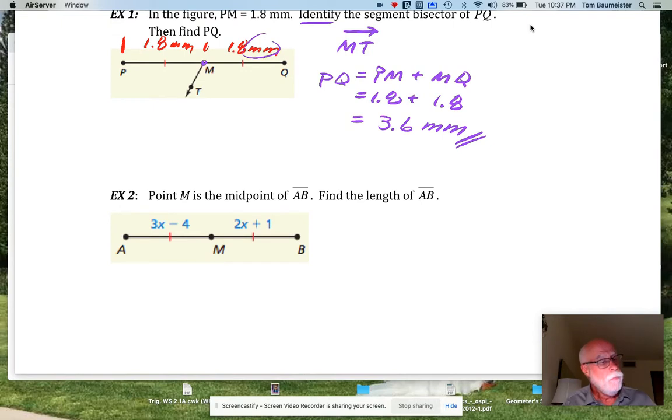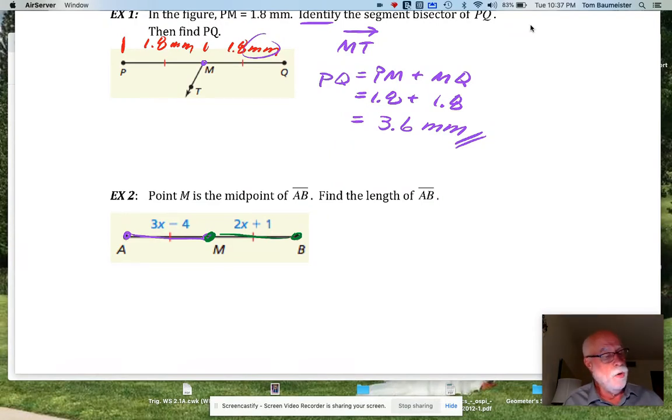Okay. Example 2. Point M is the midpoint of AB, and it wants us to find the length of AB. So we know that AM here is the same as MB here, because again, the tick marks tell us it's congruent.